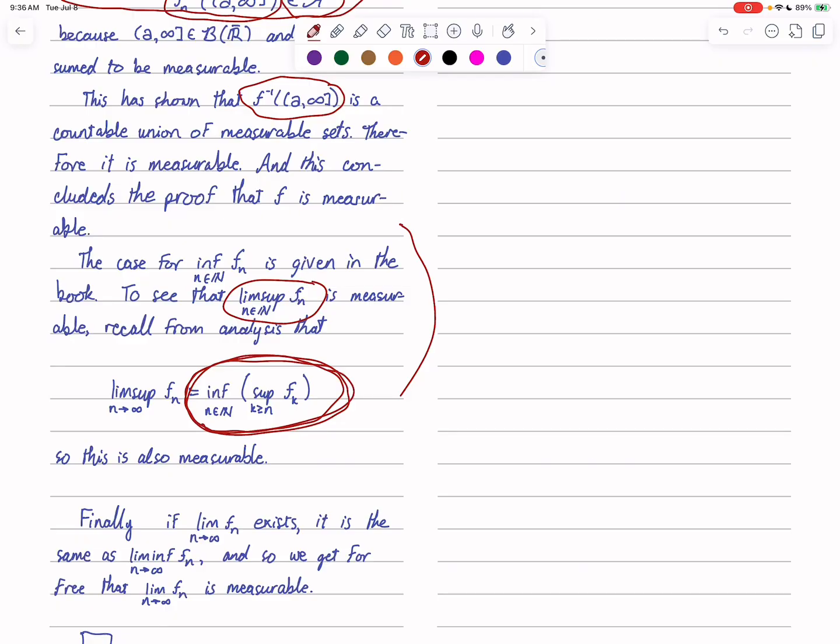So the lim sup is the inf of the sups of the functions. Because each one of these is measurable, and we proved that the sup over measurable functions is measurable, this sup is measurable, and because we also know that the inf over measurable functions is measurable, taking the inf keeps it measurable, and now we have that this thing is measurable.